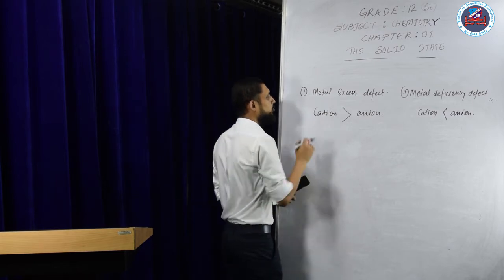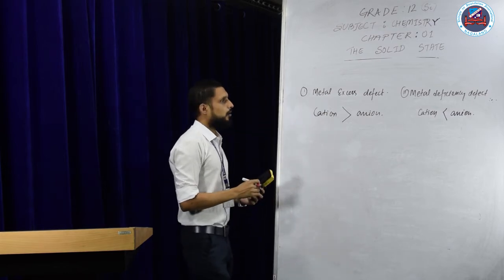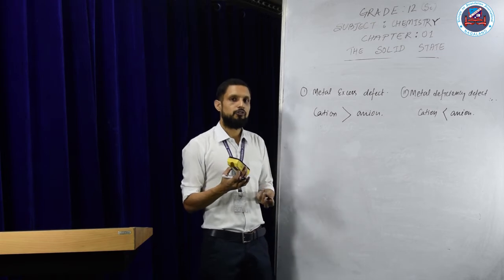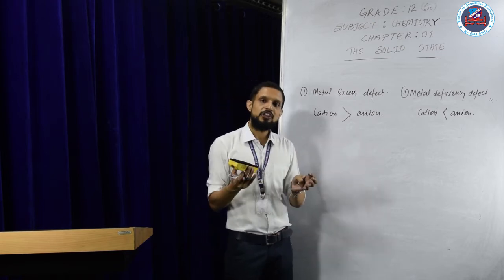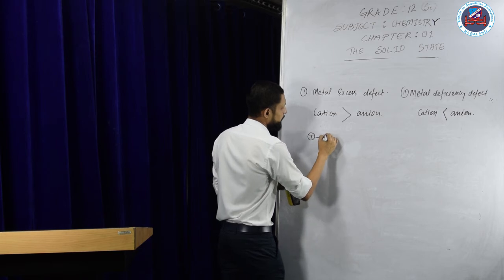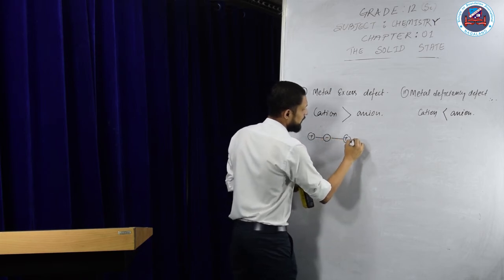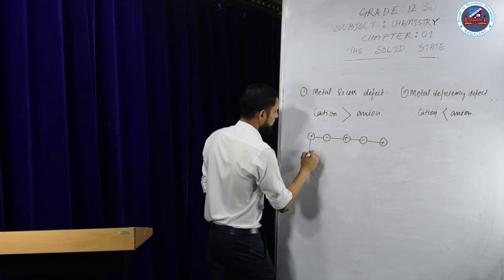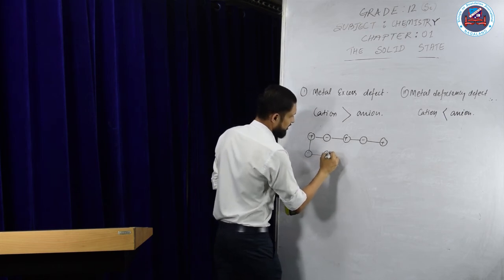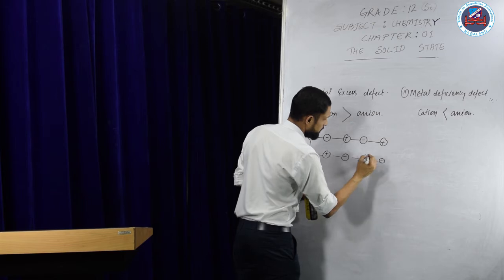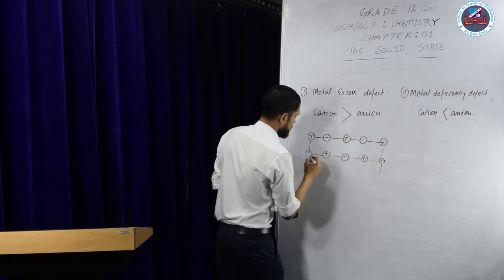Now, this metal excess defect can be because of two different possibilities. First possibility is the anion is missing from the crystal. So you have this cation, anion, cation, anion, cation, anion.